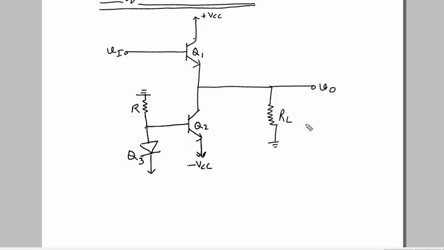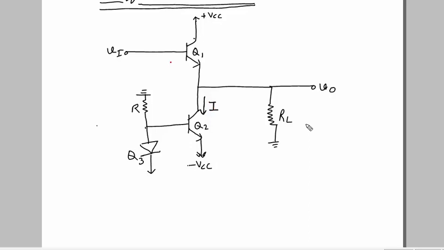Now what is a diode connected transistor? Basically a transistor has three terminals. If you connect the base and collector together, it will have only two terminals. That's why it's called a diode connected transistor. So Q3 represents the diode connected transistor. Now Q2 will provide a constant current I, which is required for the biasing of Q1.